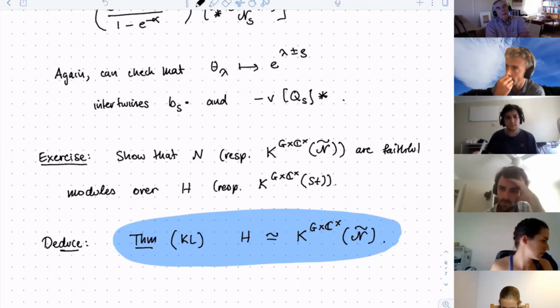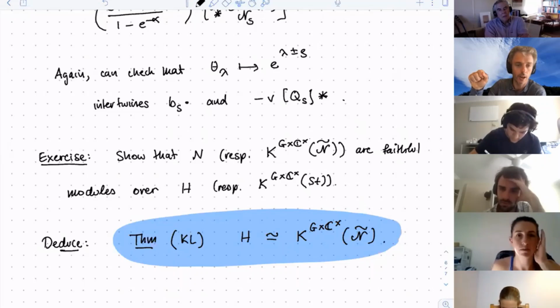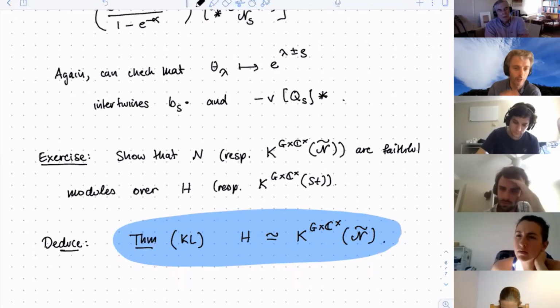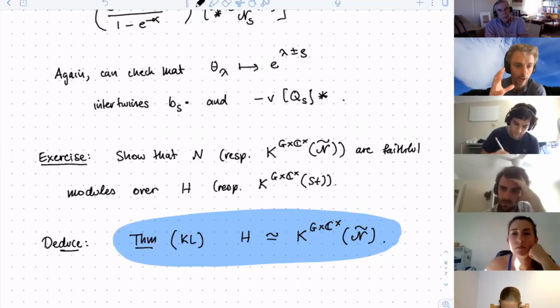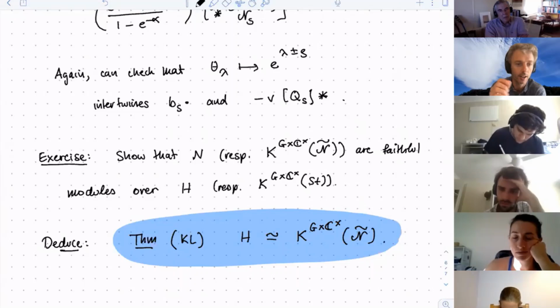And this reflects the fact that push forward gives you an inclusion of the spherical module inside the antispherical module. Certainly K-theory of coherent sheaves on the zero section has a map to K-theory of coherent sheaves on the Springer resolution, and it turns out that this is an embedding.